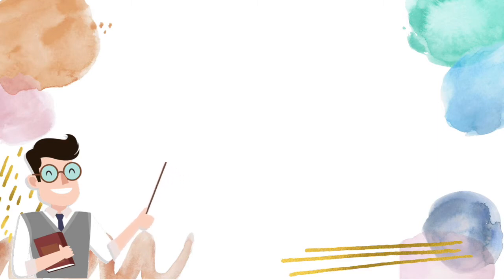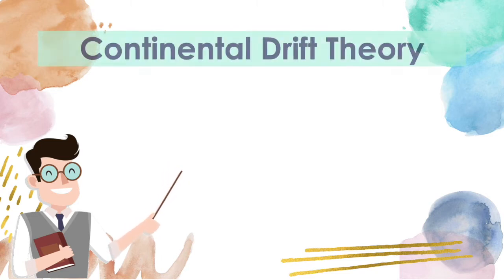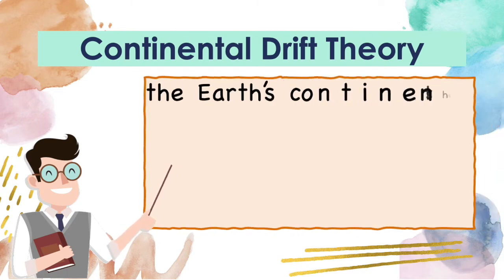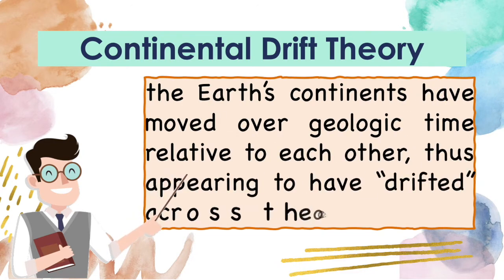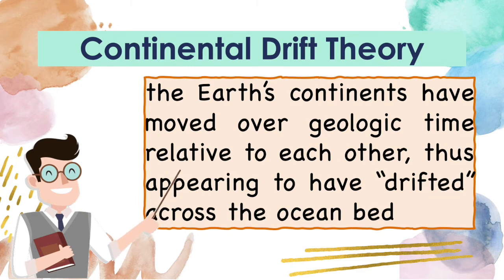A revolutionary explanation that had changed how we view the Earth was proposed by Alfred Wegener. It is called the Continental Drift Theory. This theory is the hypothesis that the Earth's continents have moved over geologic time relative to each other, thus appearing to have drifted across the ocean bed.